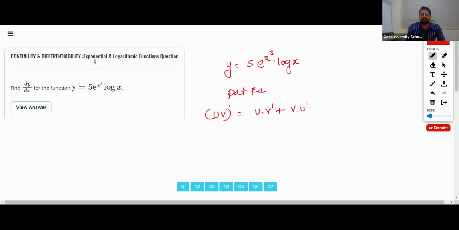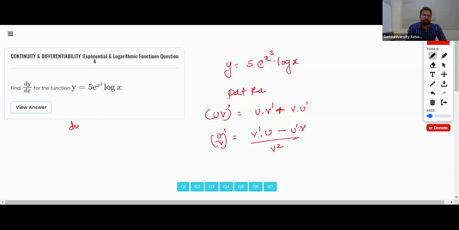Next, the reverse order. Here the order doesn't matter because we have plus and addition is commutative, right? But in case of differentiation of a fraction, we differentiate the numerator first, the denominator as it is, minus, this order is very important, u dash v by v square. Right? So just a quick recall about product rule and quotient rule. Now let's apply this here.